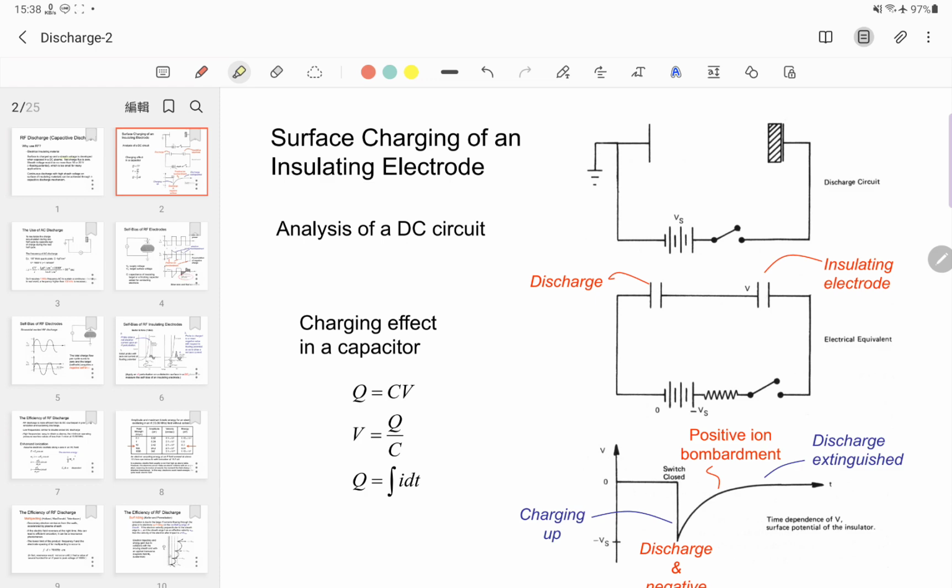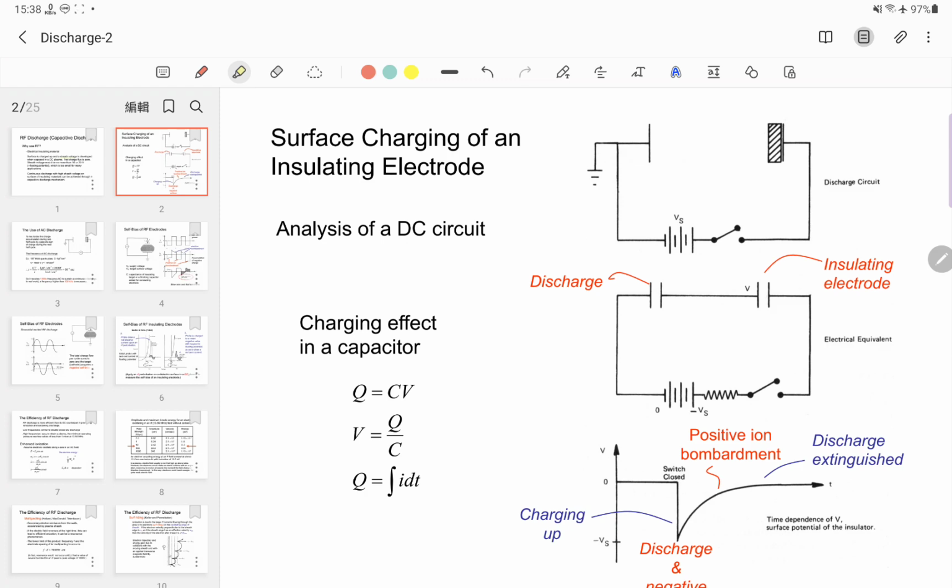Okay. And here is the switch. So this is a basic circuit for the DC discharge system before one strikes plasma. Before the plasma is generated, the circuit looks like this.